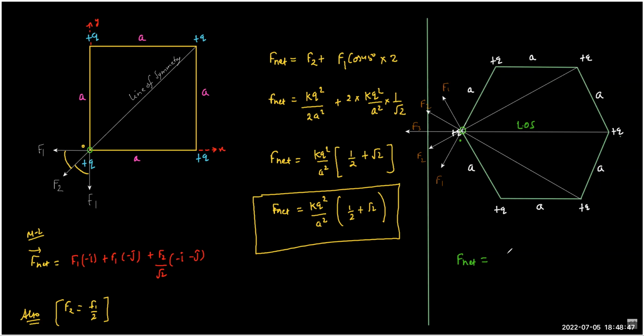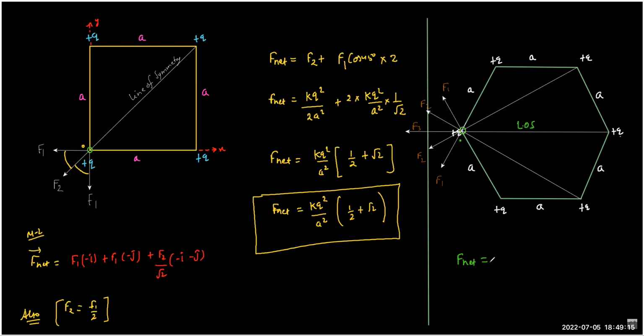So what is it, 2F1 plus 2F2 plus F3? Now, you understand force is not a scalar, no? It's a vector. You have to be careful about the components. In which direction can you add? Vectors can be added together only when they're in the same direction, isn't it? So the net force is going to be in which direction?